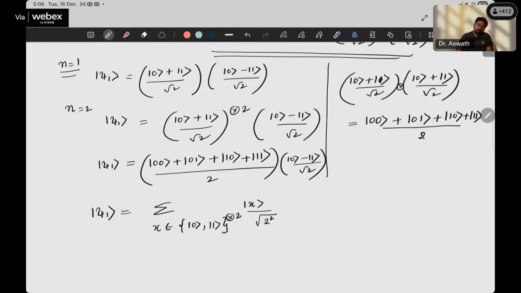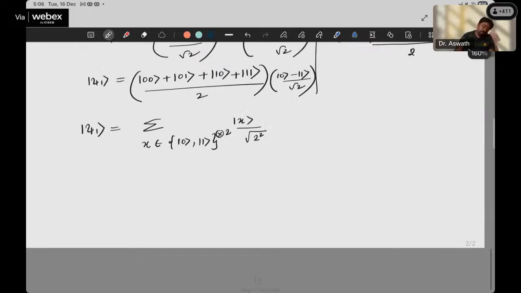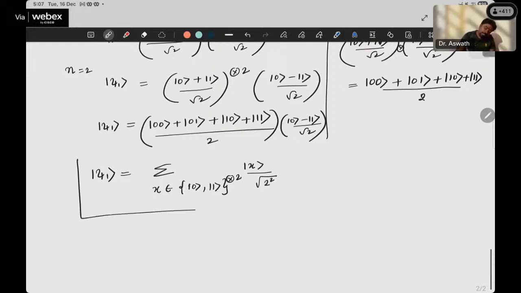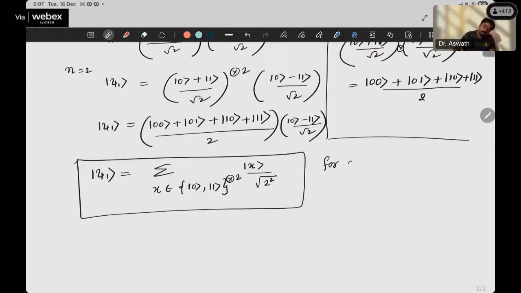What is 2 to the power of 2? It is just 2. Why, instead of writing just 2, am I writing square root of 2 to the power of 2? It will help me to write down a generic form for psi 1. What I mean is, for n equal to 2, this is the case.